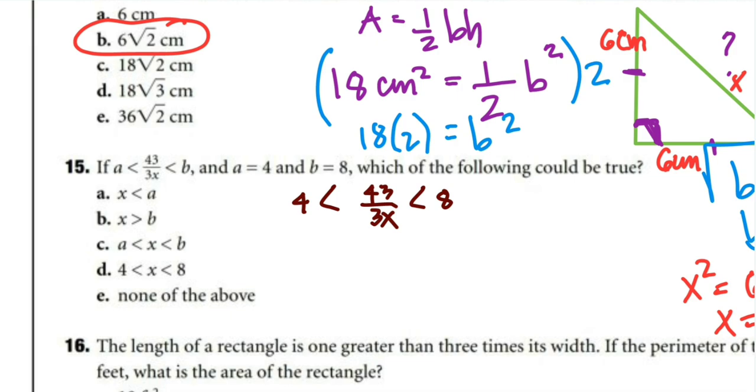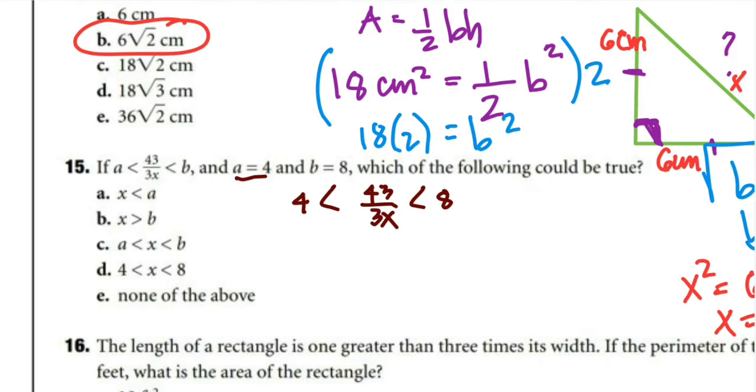All right, so if a is equal to 4 here, take note, because we're given 4 here, then the value of x could be less than a.